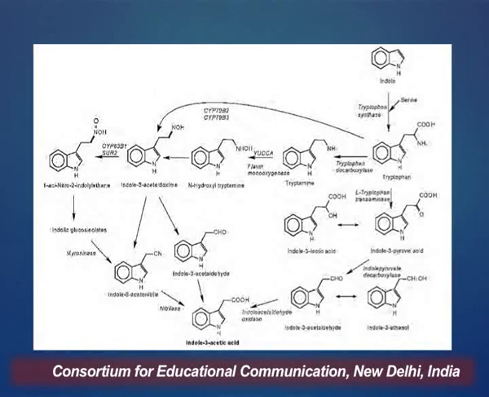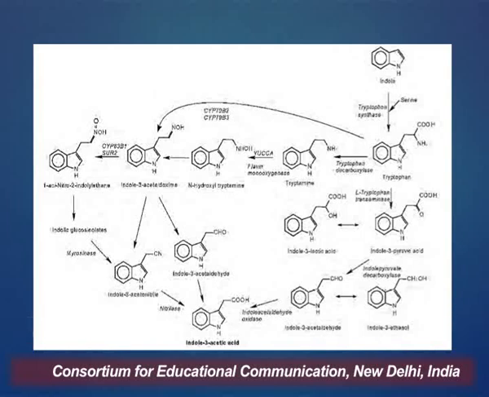As you can see, tryptophan, after being synthesized from indole, gets converted into tryptamine by the tryptophan decarboxylase enzyme, which causes decarboxylation of tryptophan, thereby converting it into tryptamine. Now tryptamine is acted upon by the YUCCA enzyme, a flavin monooxygenase type of enzyme, and gets converted into N-hydroxytryptamine, which finally gets converted into indole 3-acetaldoxime.